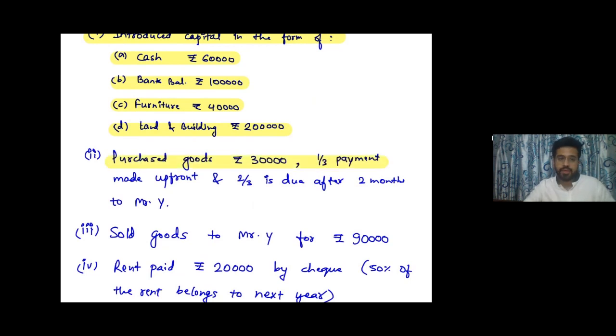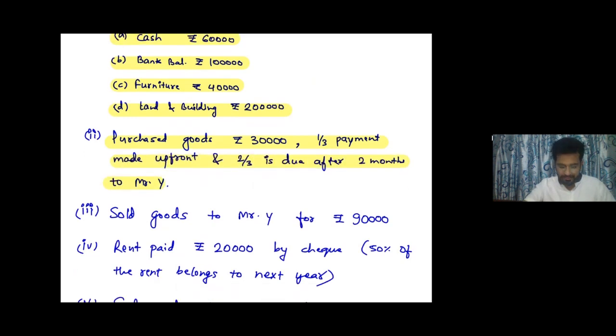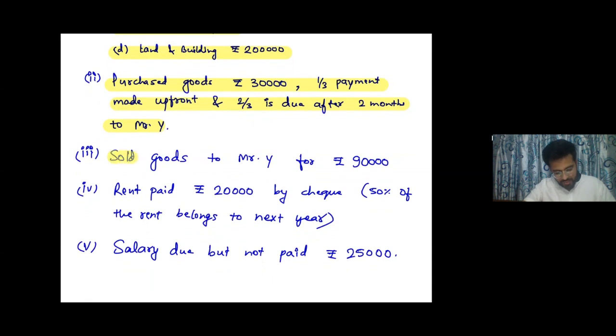One third payment was made upfront, and the balance two-third is due after 2 months to Mr. Y. Then we have sold goods to Mr. X, not Y, because we purchased from Mr. Y. Then rent paid rupees 20,000 by check.